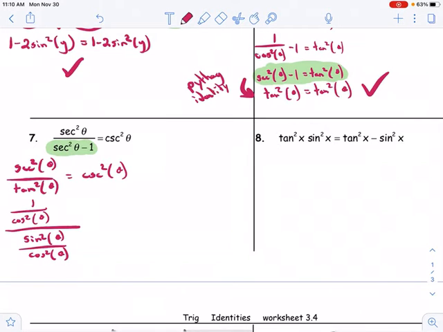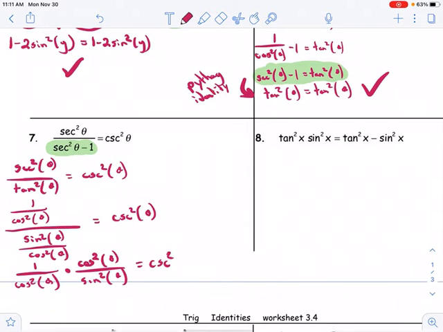So that's me rewriting tangent as sine over cosine. And I'm still trying to prove that this equals cosecant squared theta. I don't love my stacked fractions, so I will be multiplying by the reciprocal instead. So that's 1 divided by cosine squared theta times the reciprocal of my denominator, which is cosine squared theta over sine squared theta.